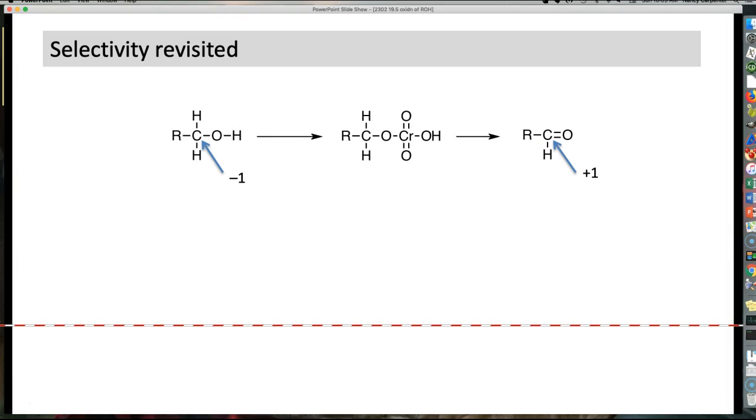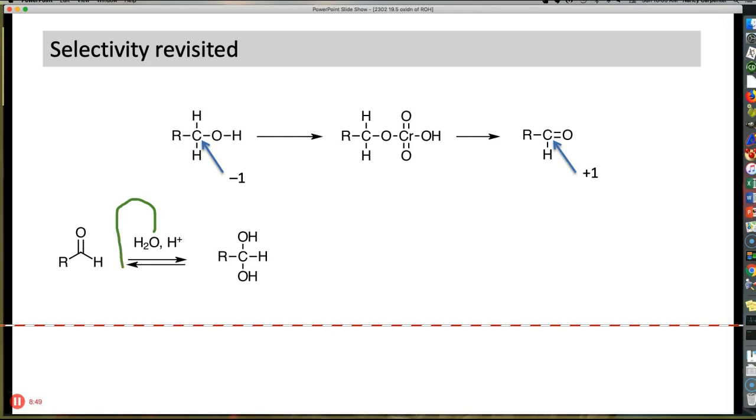And even though I've undergone an oxidation, I can go further. More oxidation can take place. Because since aldehydes are good electrophiles, and I've got a good nucleophile present, especially since I'm under acidic conditions, this happens in a heartbeat. This is called hydrate.